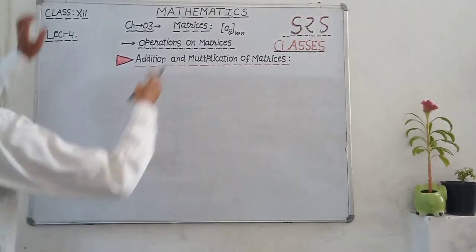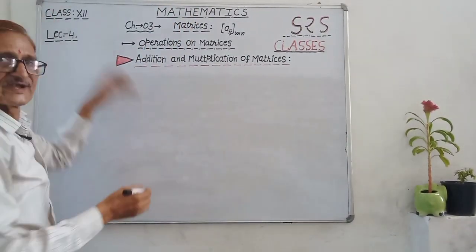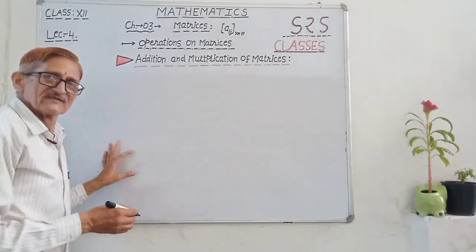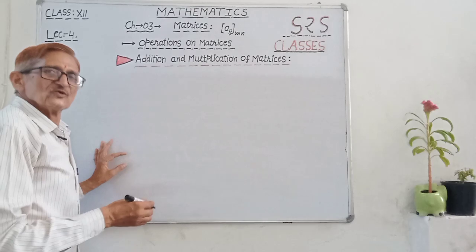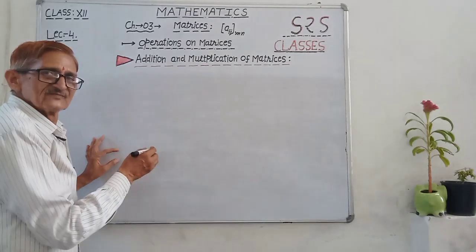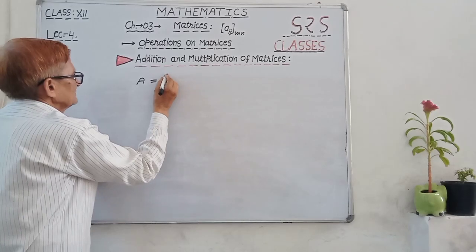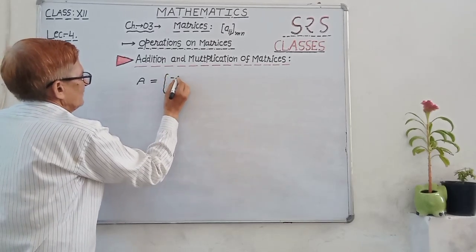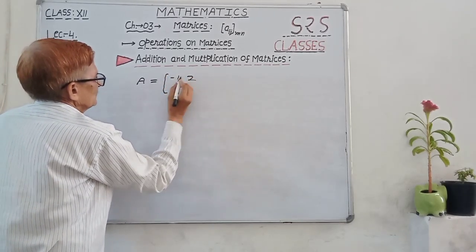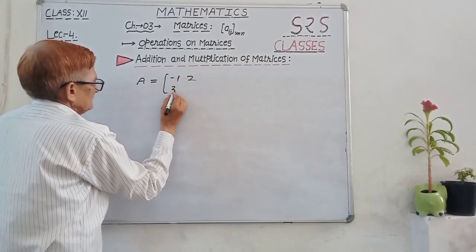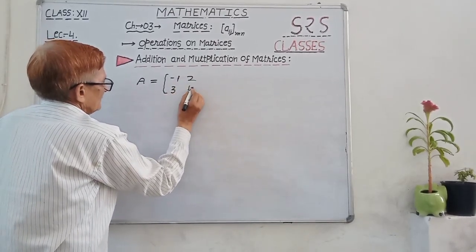Okay, now how to multiply? Multiplication of two matrices. So matrix A, let it be -1, 2, 3, 4.